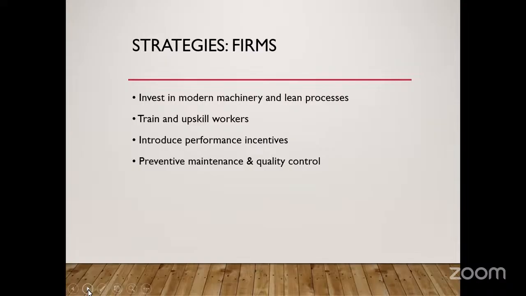We believe that we should train them, because we need to increase human capital, because through human capital we can increase innovation. The next one is to introduce performance incentives, because it's very important that laborers are encouraged to do their work. And the last one is preventive maintenance and quality control.